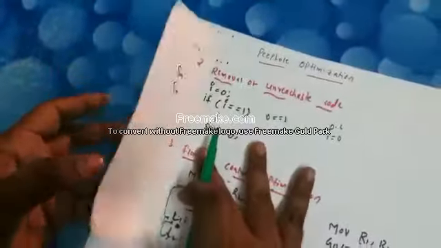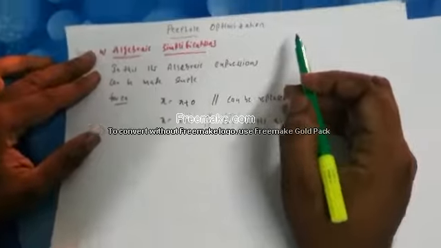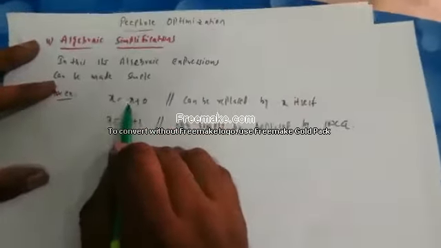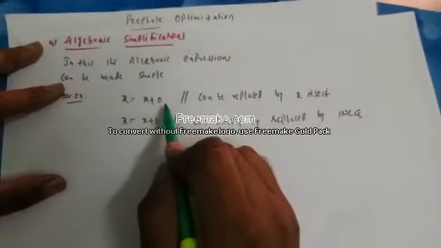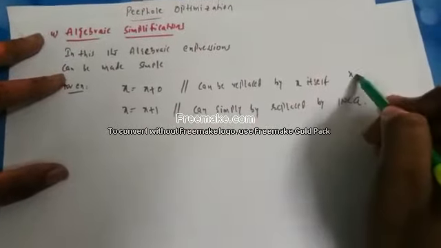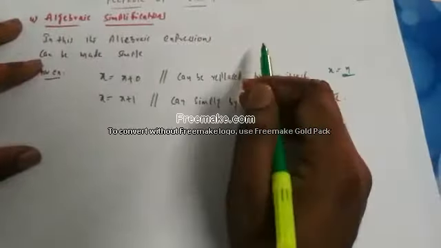And the last technique is algebraic simplification. These are the occasions where an algebraic expression can be made simpler. For example, x equal to x plus 0 can be replaced by x itself, because adding 0 does not change the value.